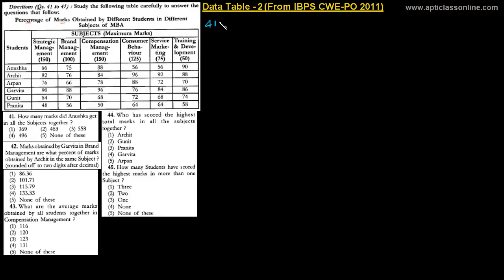First of all, question number 41. How many marks did Anusha get in all the subjects together? So we have to calculate all the marks, the total marks of Anusha. There are 6 subjects.